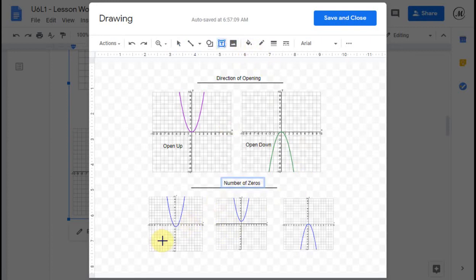In this first graph, notice that the parabola is open up, but the vertex is below the x-axis. So you can see here that there would be 2 zeros for this parabola. So we're just going to label that this has 2 zeros.